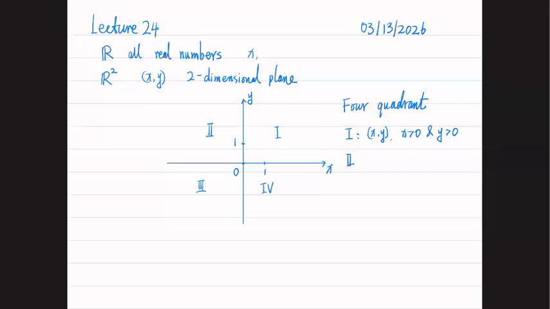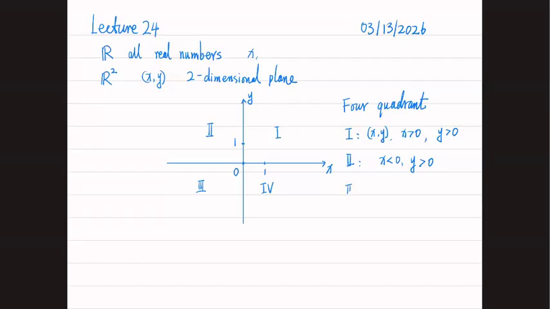So I use these Roman numerals instead of the Arabic numbers. It's convention to use this, I, II, III, IV. Second quadrant, x is negative, y is positive.